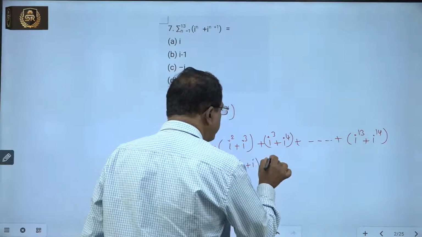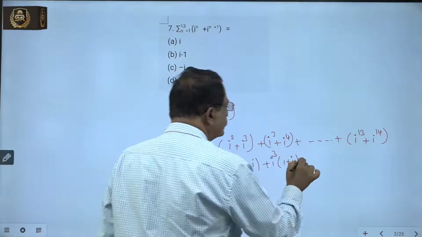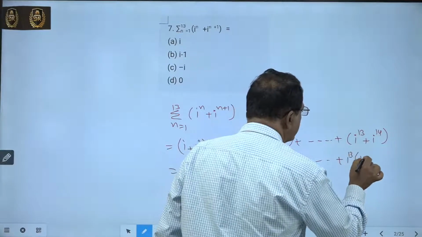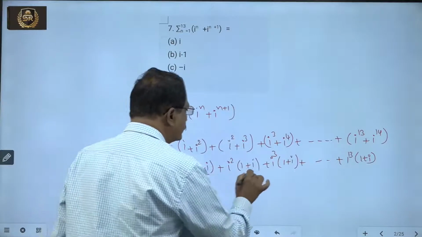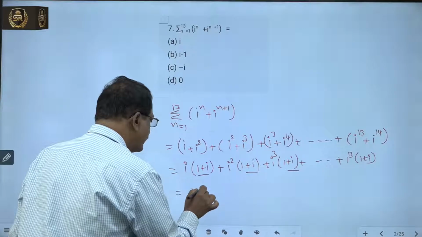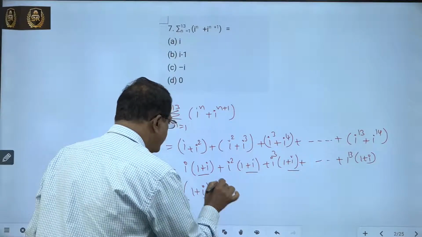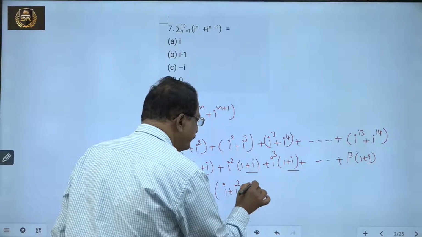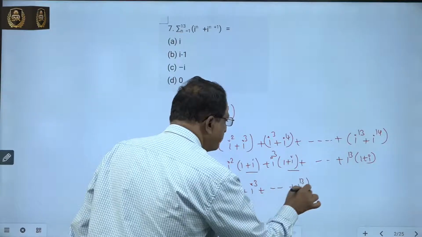In the third, i cubed common, 1 plus i. Similarly, so on, up to i to the power of 13 with 1 plus i common. Now in all the terms, 1 plus i is common, so we get 1 plus i into (i plus i squared plus i cubed plus, and so on, up to i to the power of 13).